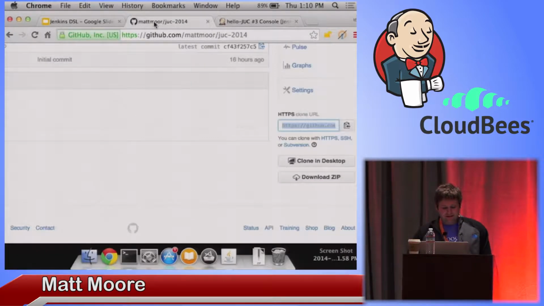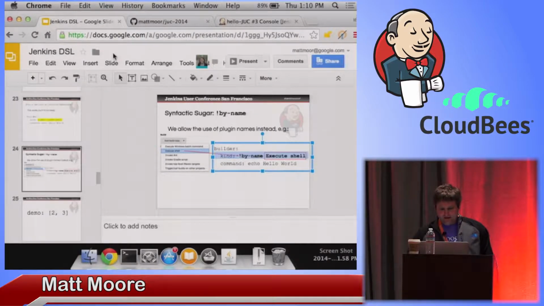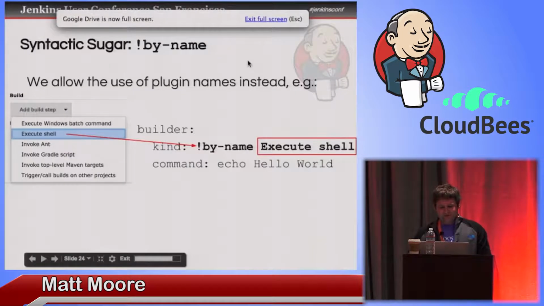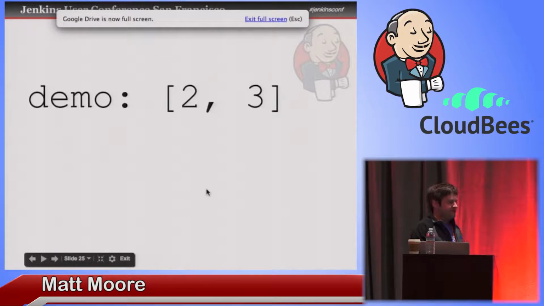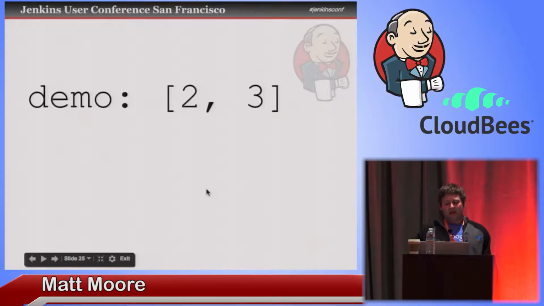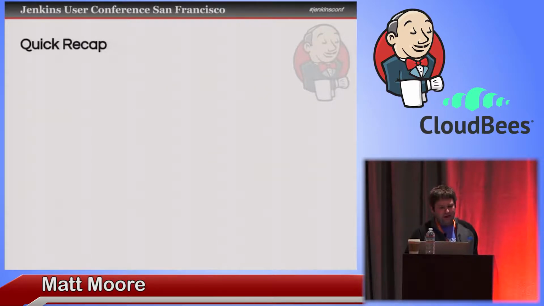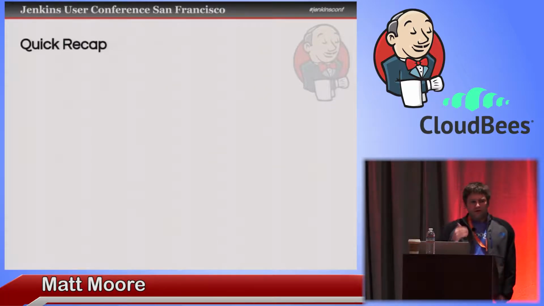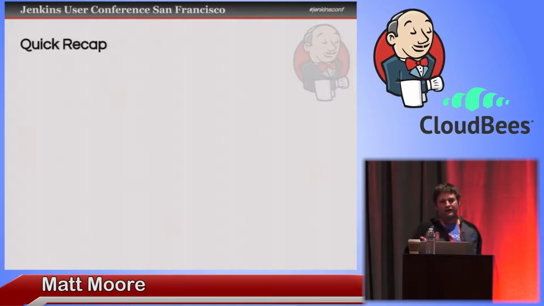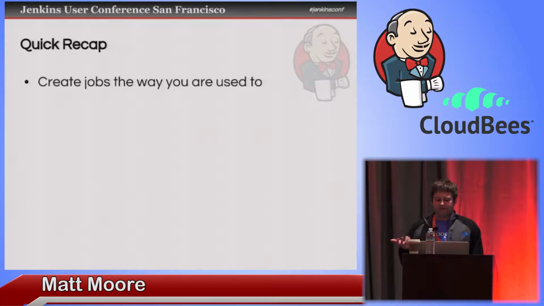OK, so let's see. Back to the slides. So OK, that was demos 2 and 3. One more. So quick recap. You can create jobs the way you're used to. Or if you choose, you can start from one of the samples that we have, which I'll put up and where to find them in just a second.